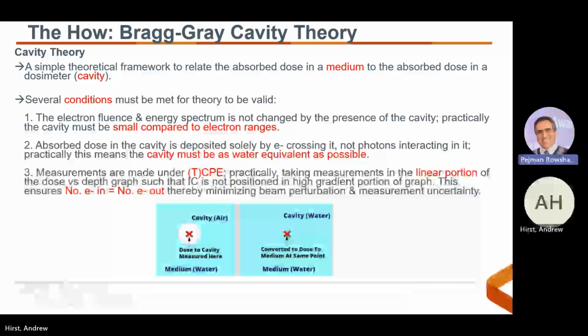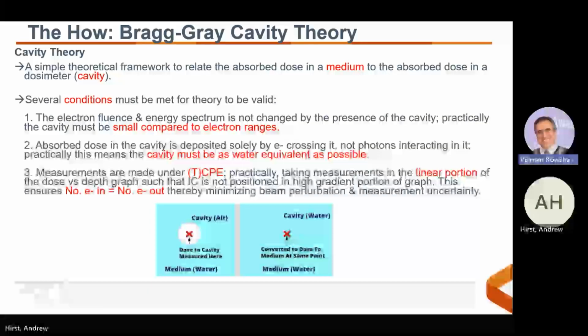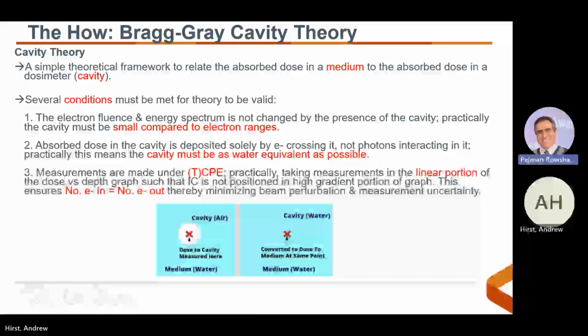And the third condition is that measurements should be made under charged particle equilibrium or transient charged particle equilibrium. So what this means practically is that we should be taking our measurements in the linear portion of the depth dose graph, such that the ionization chamber is not positioned in the high gradient portion of the graph. And this is important because in that high gradient region, you have a big change in dose over a very short amount of depth.